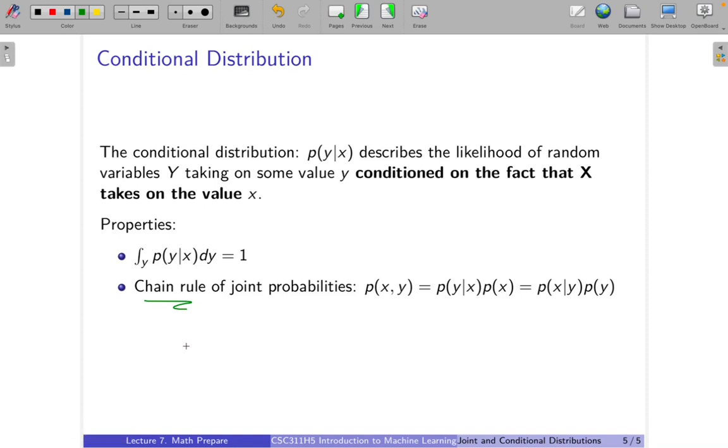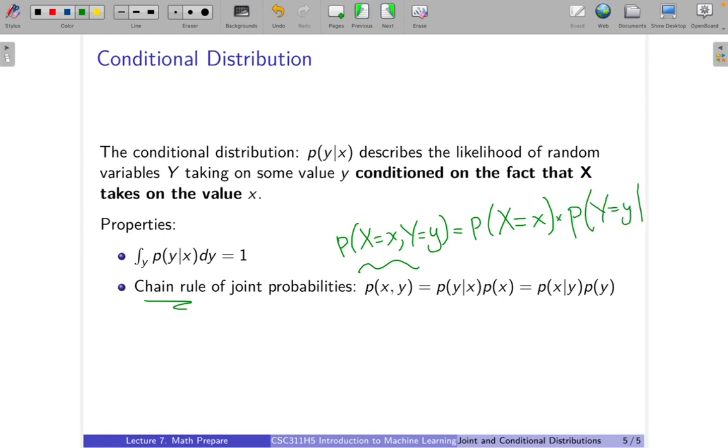This chain rule says that the probability that my x is this value little x and my random variable y is this little y is the product of the probability that my random variable X takes on that value, and the probability that my Y takes on little y given that I'm in the situation that my random variable X is this little x.